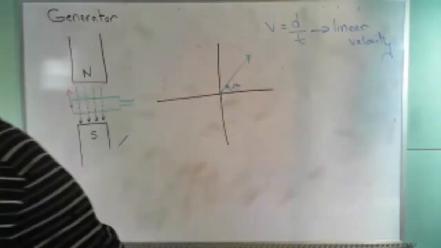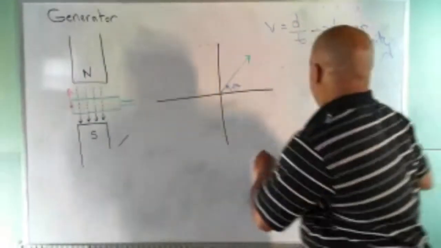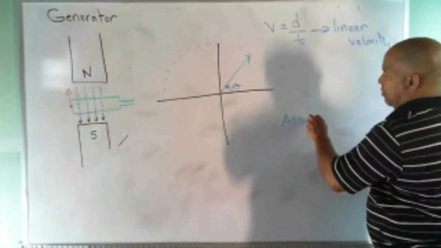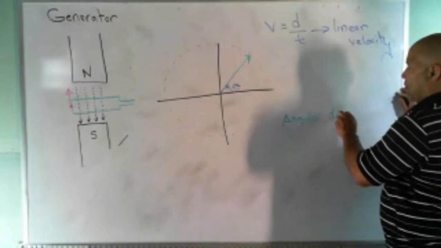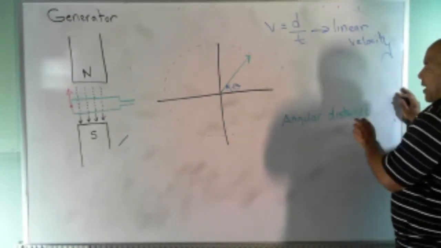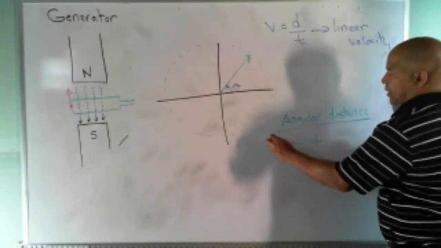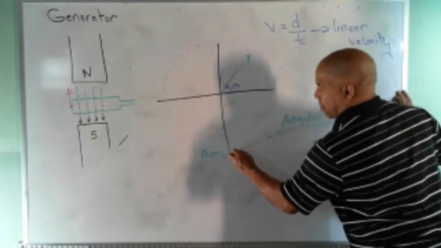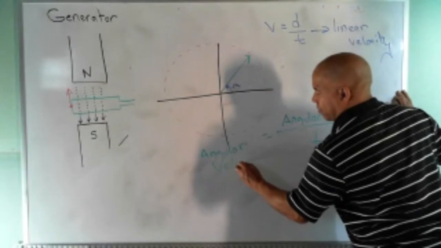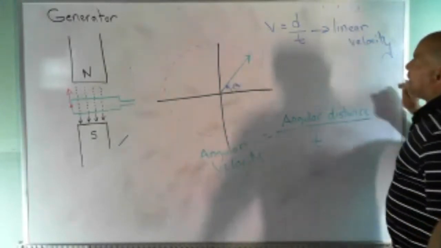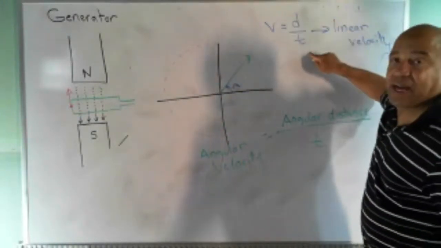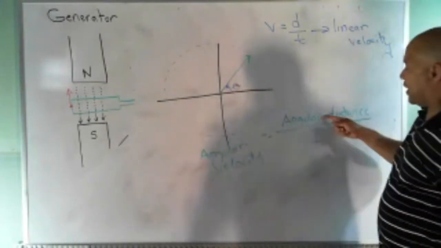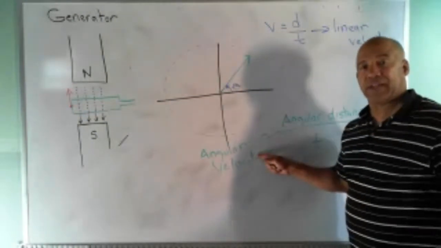And if I do that, then what I get is something called the angular velocity. If I take the linear distance and divide by time, I get the linear velocity. If I take the angular distance and divide by time, I get the angular velocity.